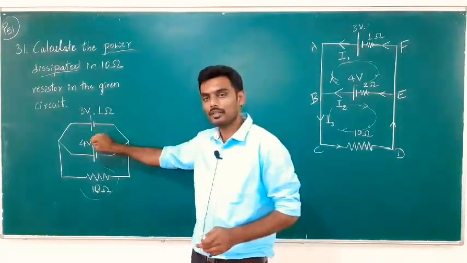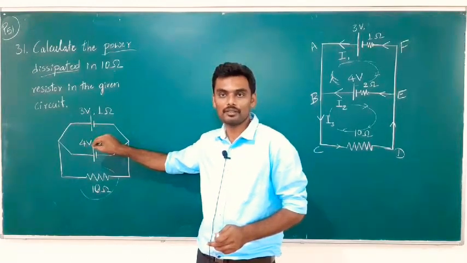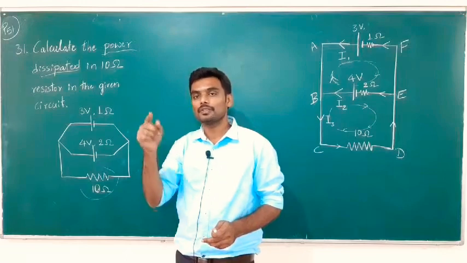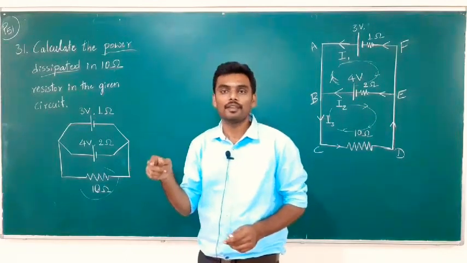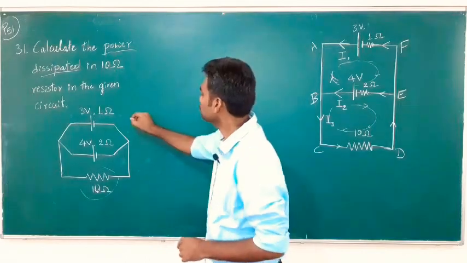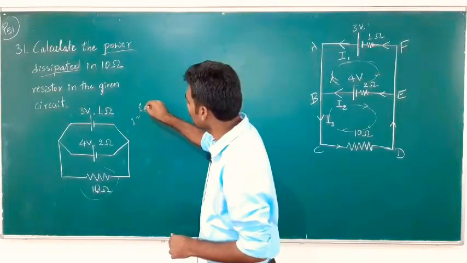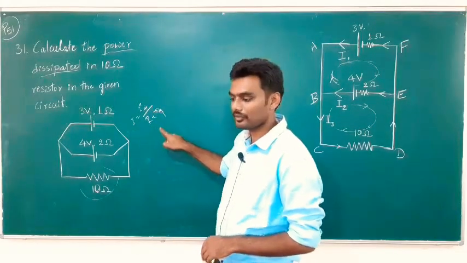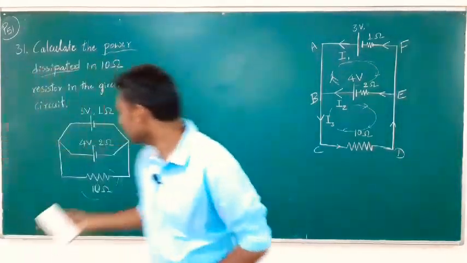Get the equivalent EMF, equivalent internal resistance, and then work for I is equal to E equivalent by R plus r equivalent. Make use of this and get the current.